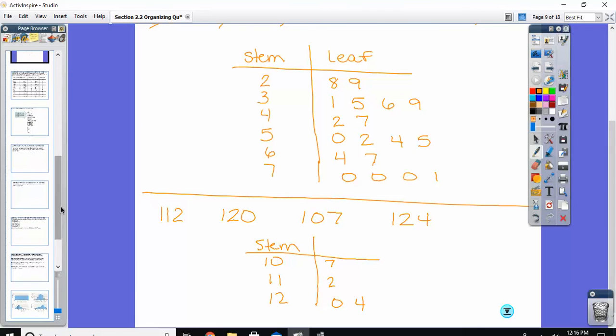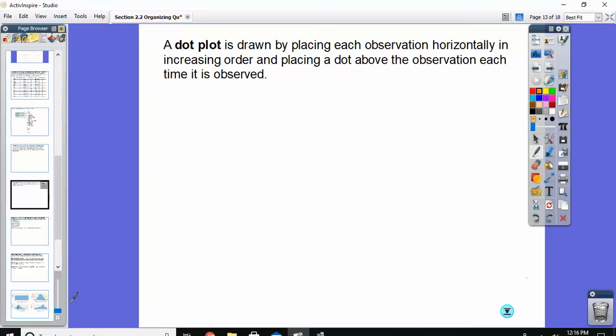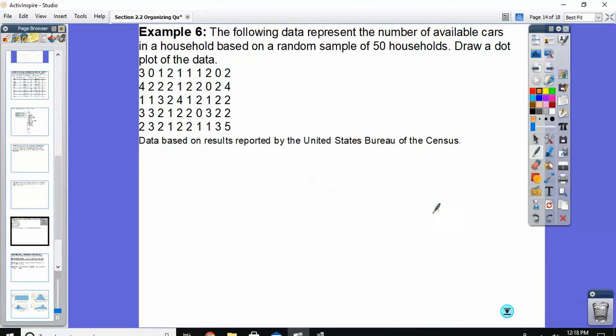The next way we might see our data is with a dot plot. So we had the example with the 50 households. Let's make a dot plot to go along with that. We already counted the frequencies, the number of cars that we tallied up.